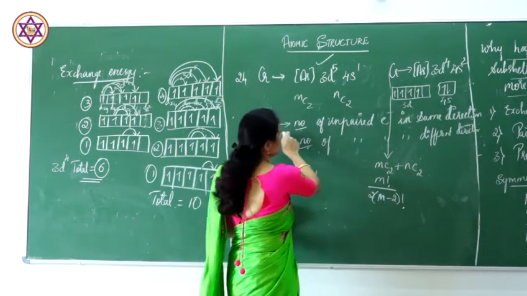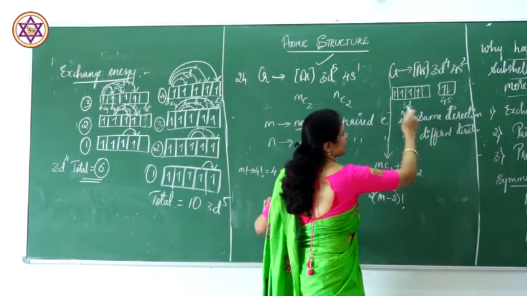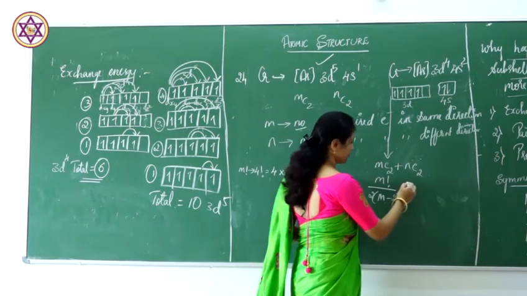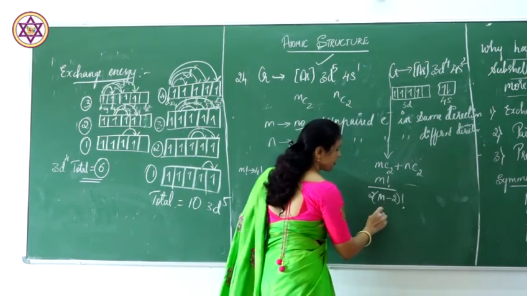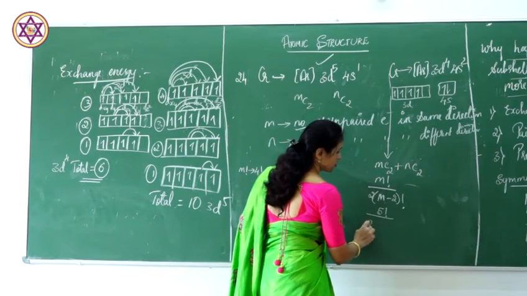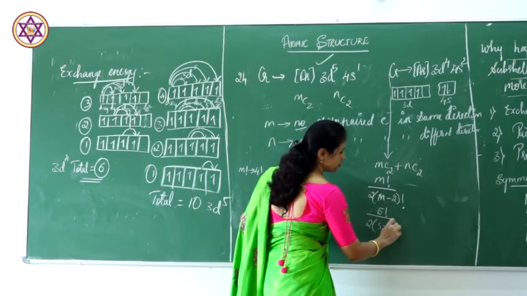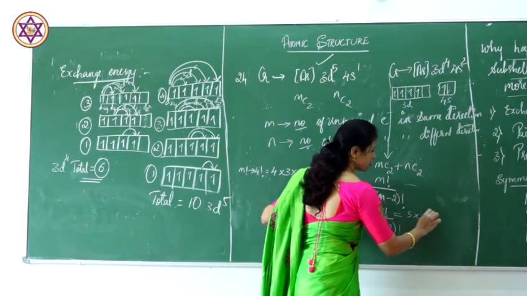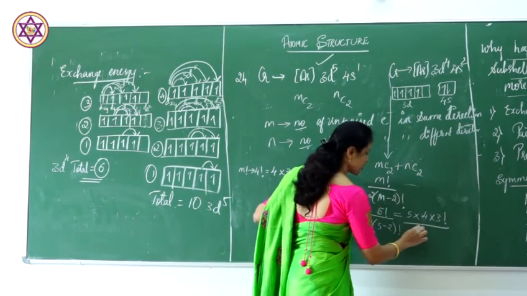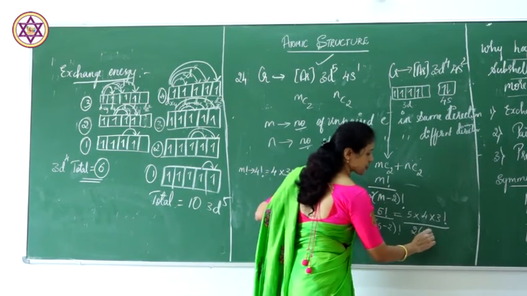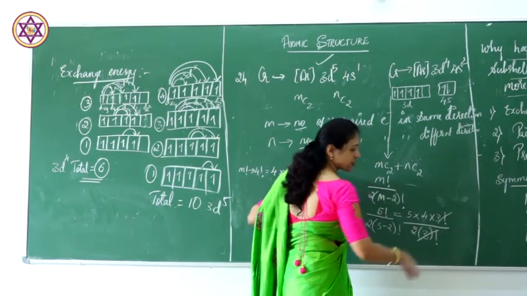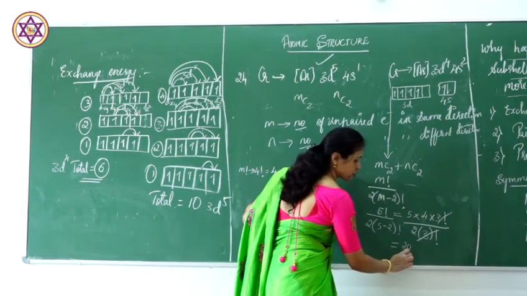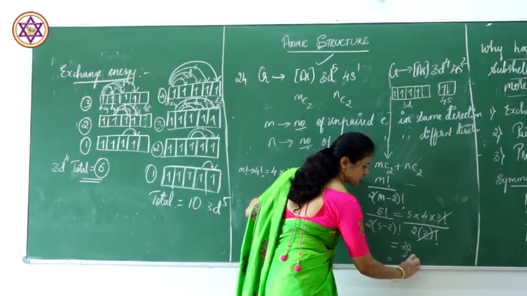Here the number of unpaired electrons in the same direction, how many are there? 1, 2, 3, 4, 5. 5 are there. So I can take 5 factorial by 2 into 5 minus 2 factorial. That is 5 into 4 into 3 factorial by 2 into 3 factorial. 3 factorial cancels. 5 fours are 20, 20 divided by 2 is 10.